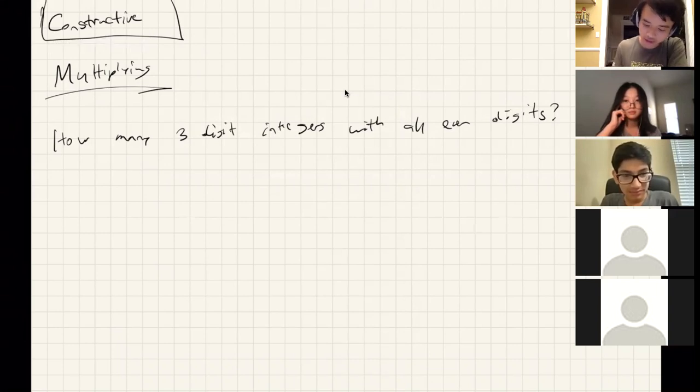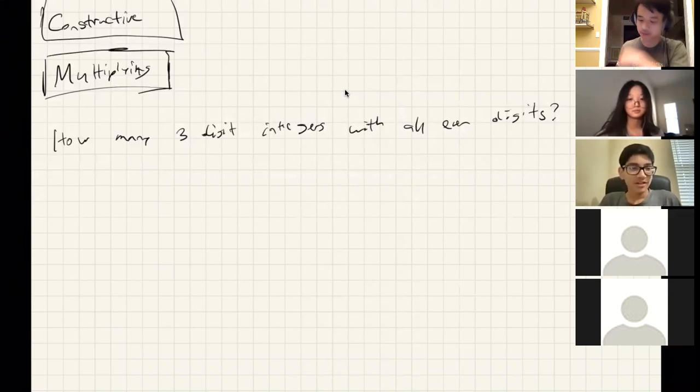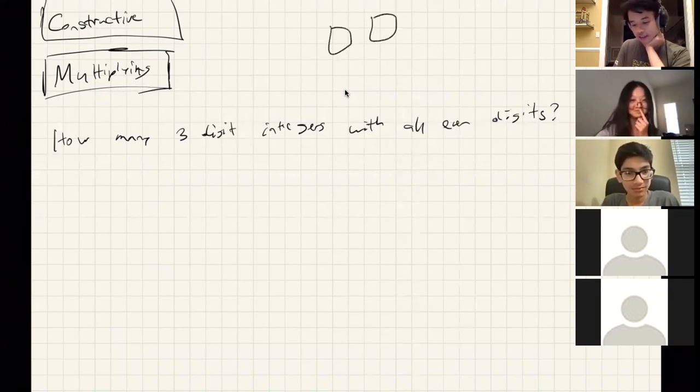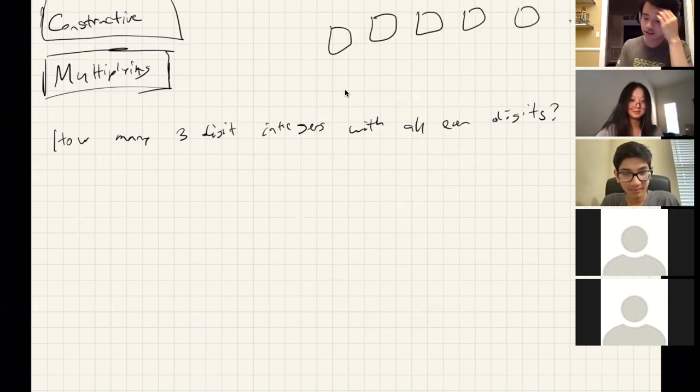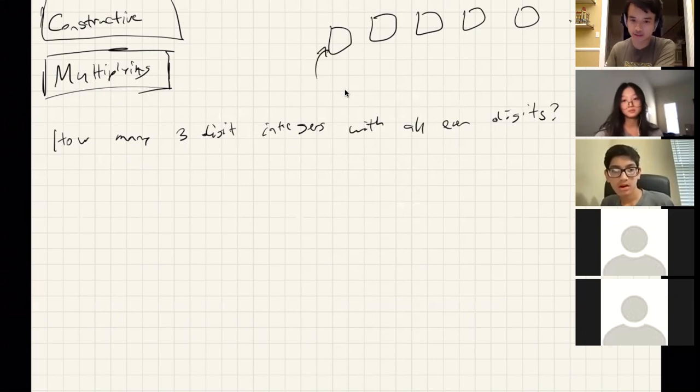So constructive counting, I always think of it as sort of multiplying, I guess. You have a given number of different things, and then what you do in constructive counting is that you choose one of the things first, then you count how many ways you can choose another of the things.